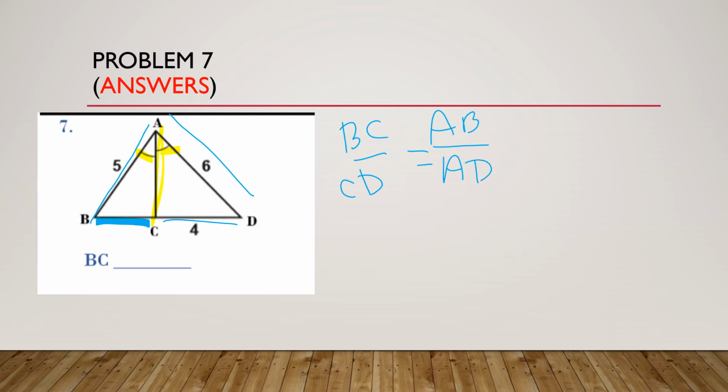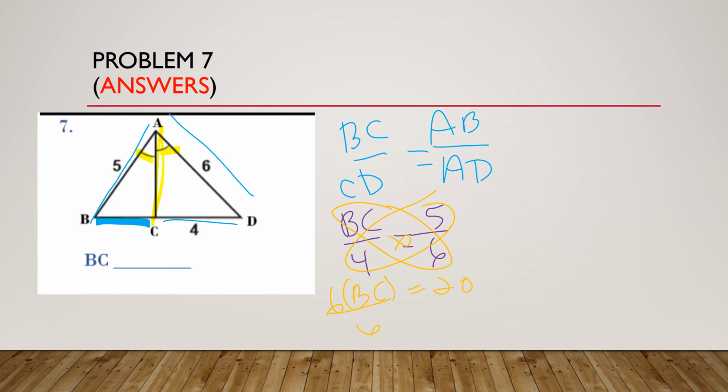Substitute in our values. So B to C, we don't know, it'll stay B to C. CD is 4, AB is 5, AD is 6. Once we've substituted in our values, we can use cross multiplying to solve. So we have 6 times BC equal to 5 times 4 is 20.